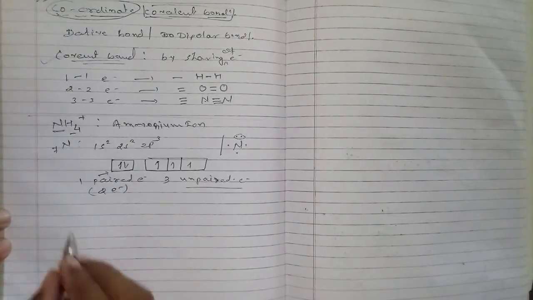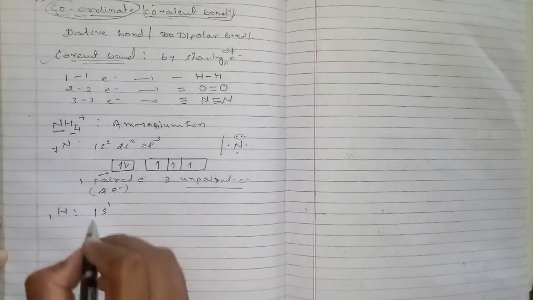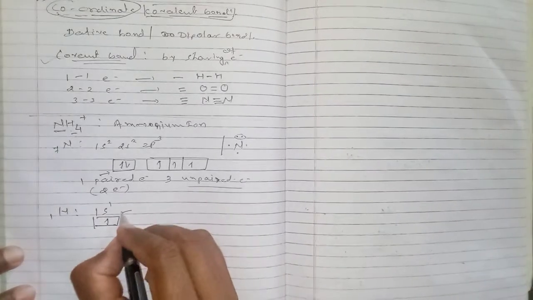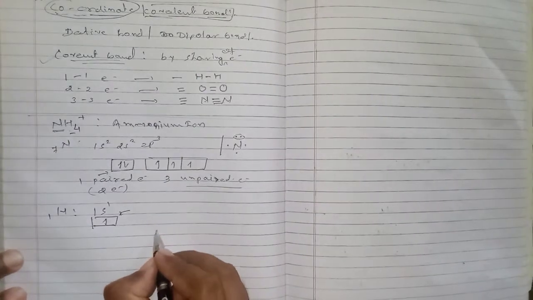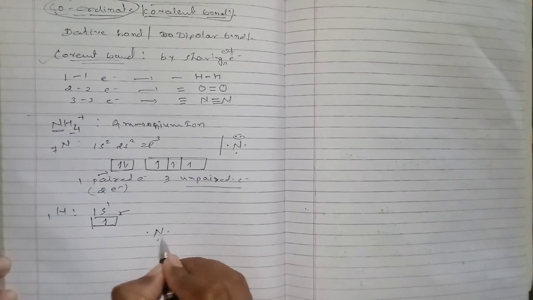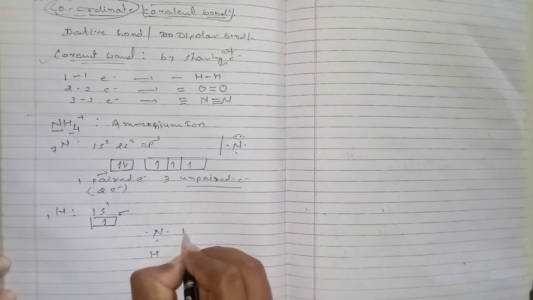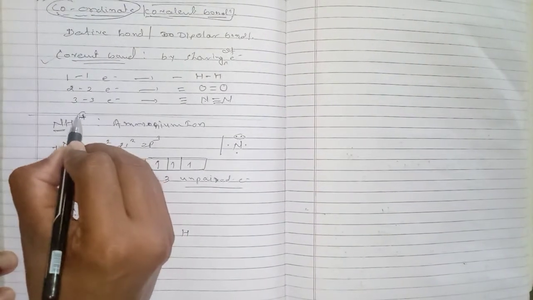Now for the hydrogen atom, its atomic number is 1 and its electronic configuration is 1s1. In the 1s orbital there is a single electron, and it is unpaired. Here the nitrogen atom has 3 unpaired electrons, and there are 3 hydrogen atoms. But here the charge is positive.